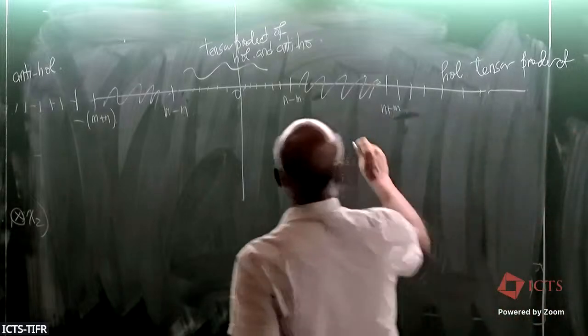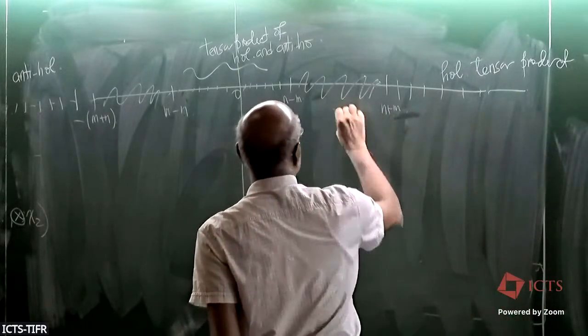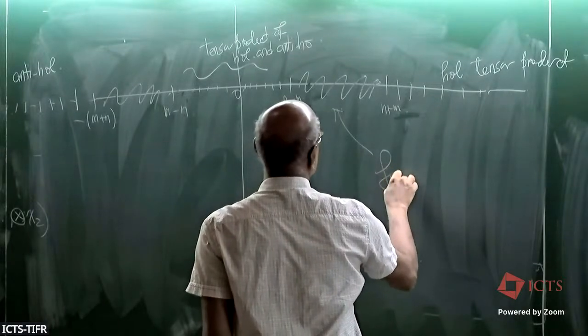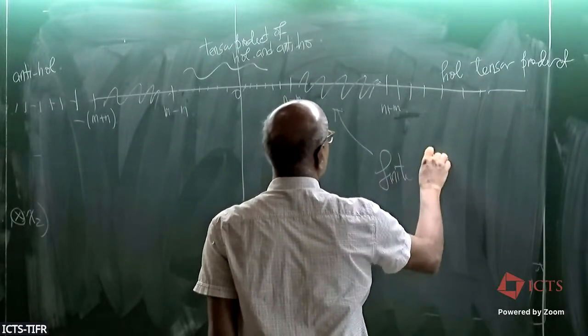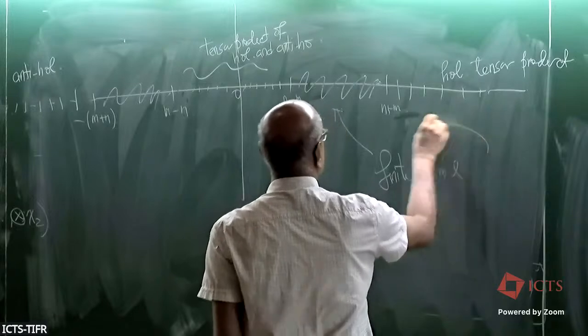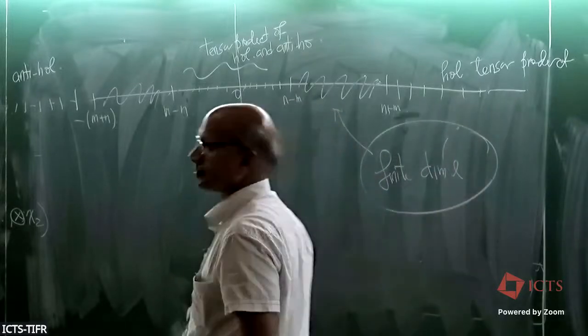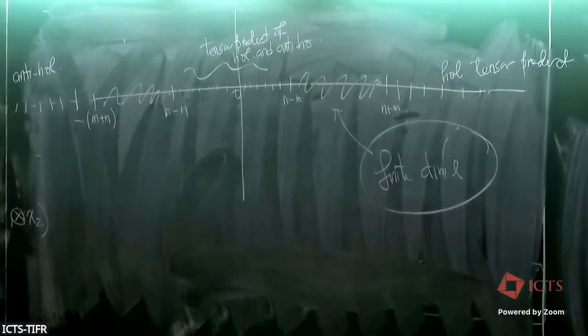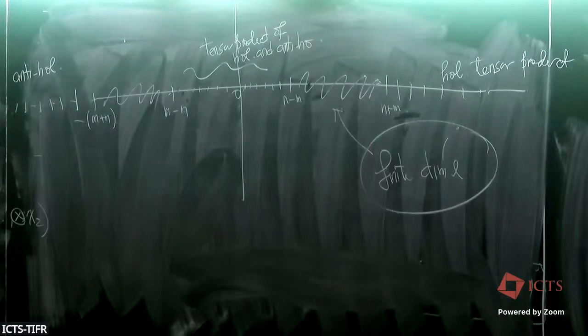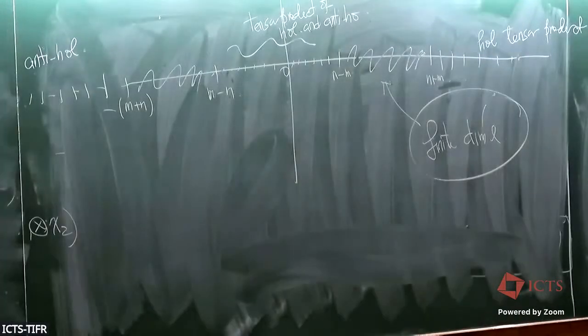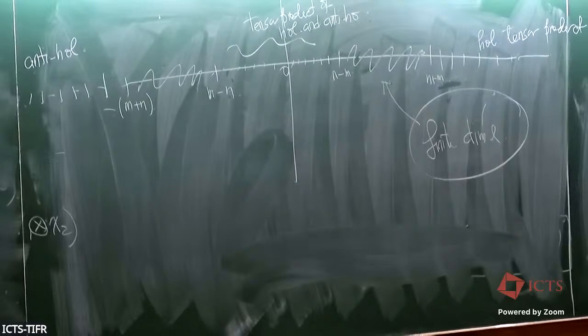So this is the one which is coming from finite dimensional representations. The upshot is that the tensor product for SL2(R) together with the tensor product for SU2 makes up all representations possible.